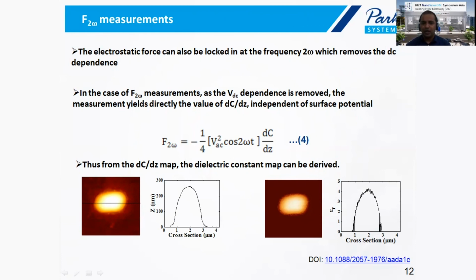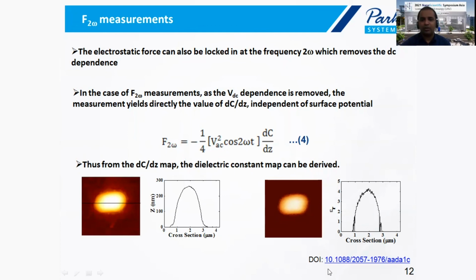From this dC/dz map, we can derive the dielectric constant of the sample itself. Here is one example where, on the left-hand side, there is an E. coli bacterium, and this is the cross-sectional height profile of this E. coli. On the right-hand side, we can see the derived dielectric constant map of that same E. coli bacterium.